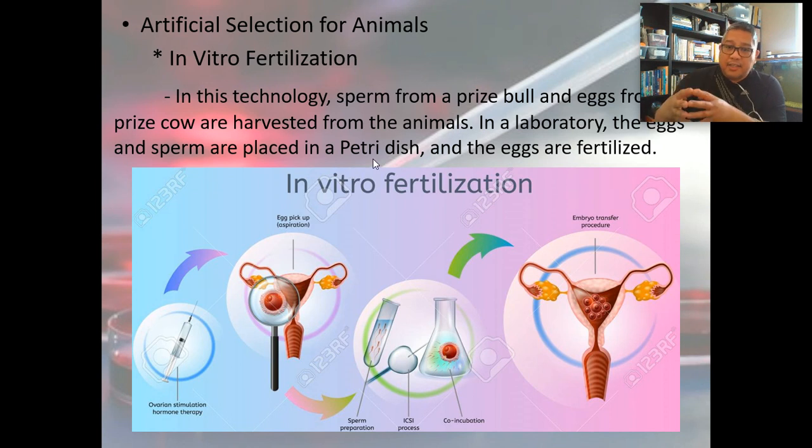When it's fertilized, that's the time they allow it to incubate, and then they insert it again into the ovary, and hopefully it will become a living organism.